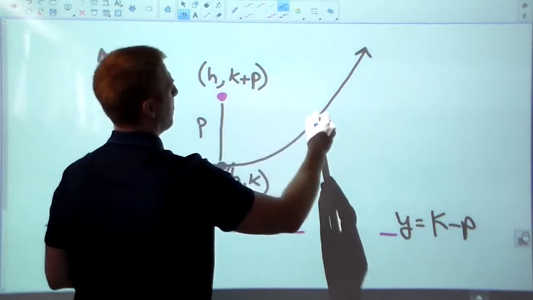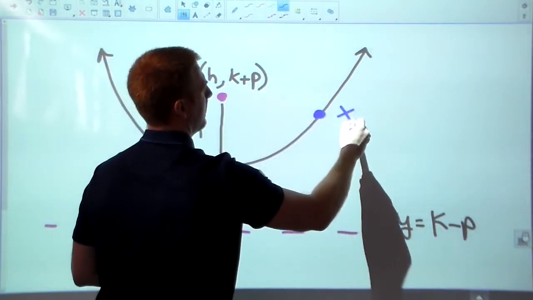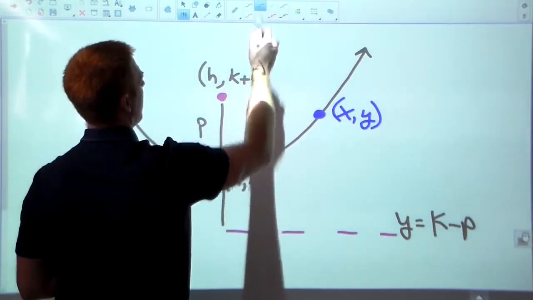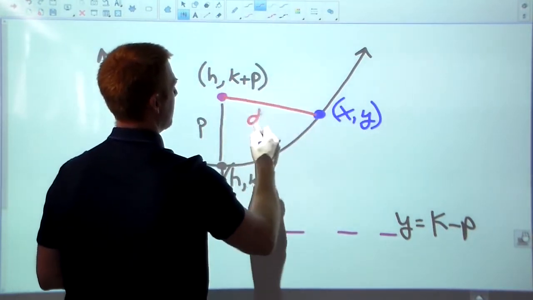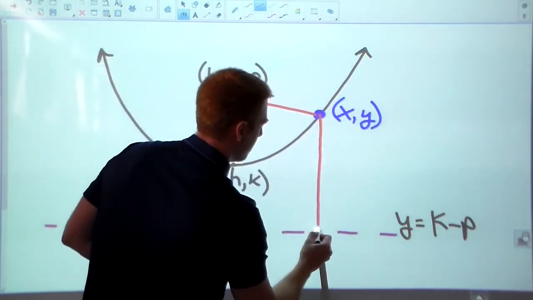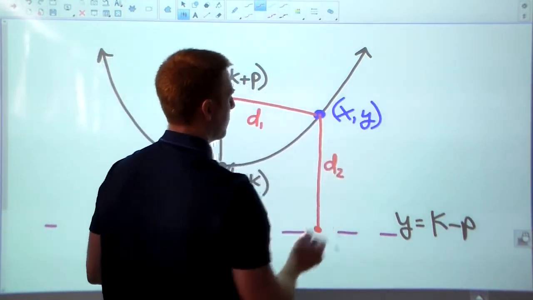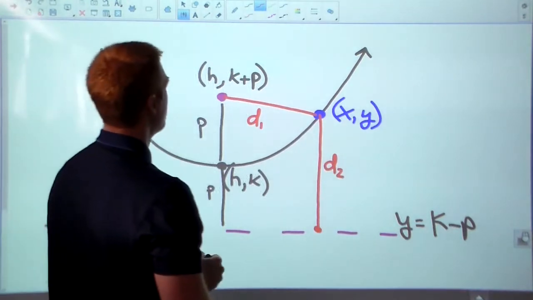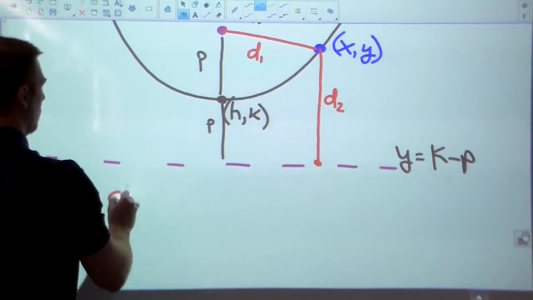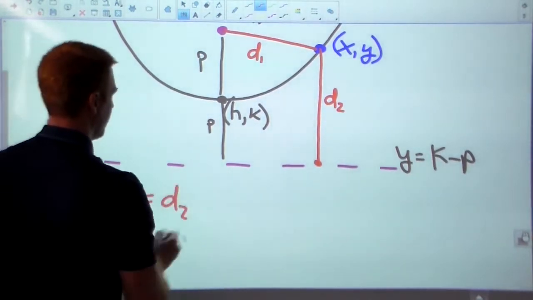All right, let's put a point on the parabola. So some (x, y) coordinate, and whatever this distance is to the focus from that point would be the same distance to the directrix below. So that's where we're going to begin deriving this. D1 is equal to D2.